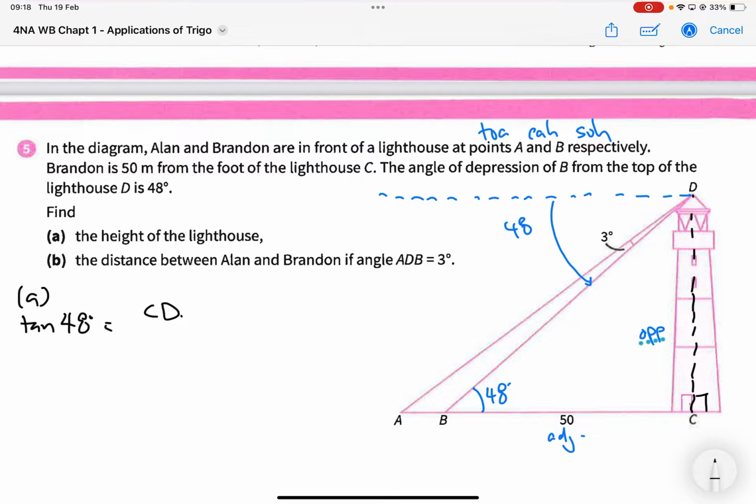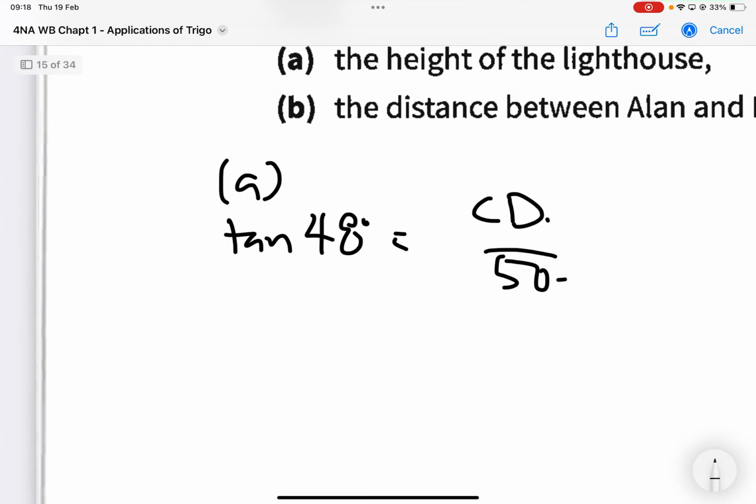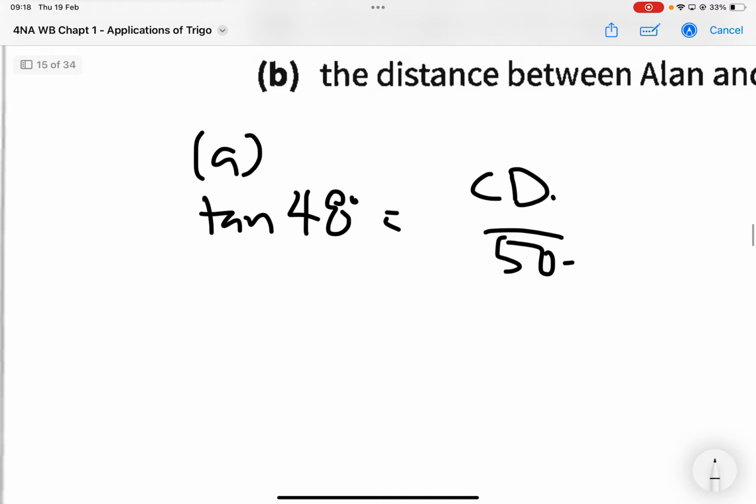Opposite over 50. Once I'm able to write down this relationship between the angle and the two sides, then it's a bit of algebraic manipulation again. I want to find CD. This one is a number. Tangent 48, I press calculator, is also a number. So I want to make CD the subject.